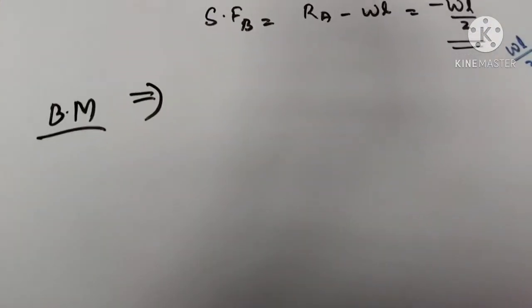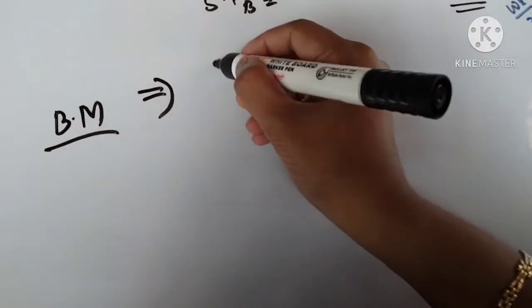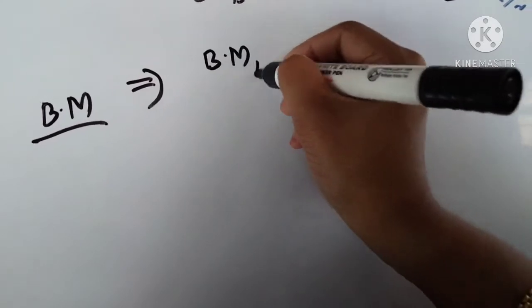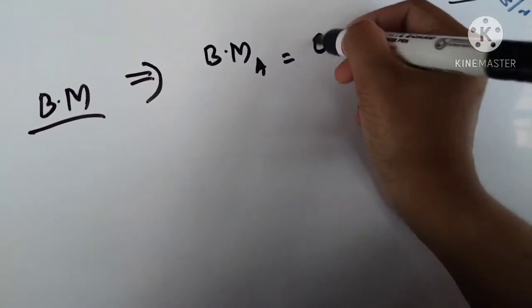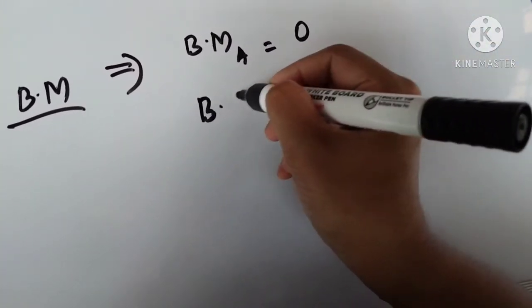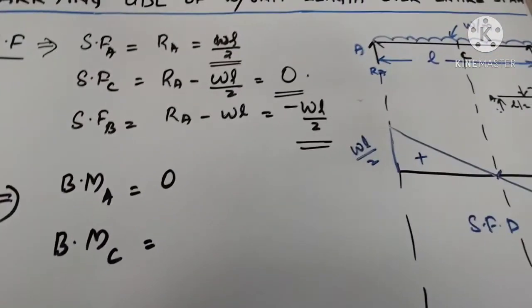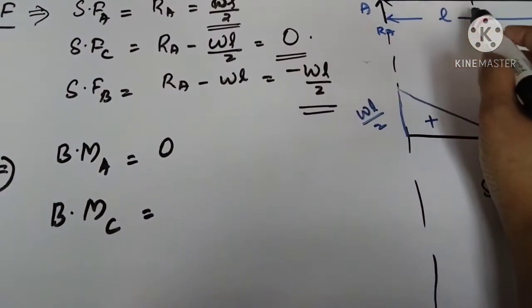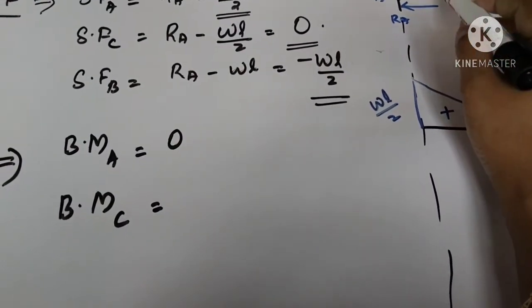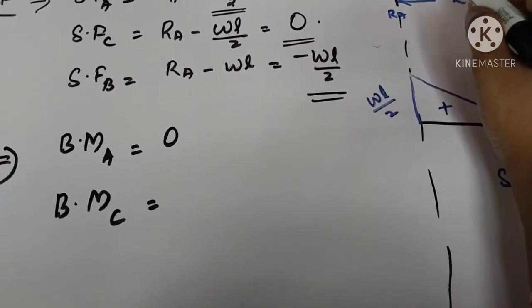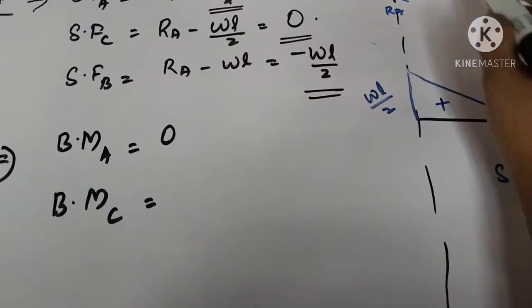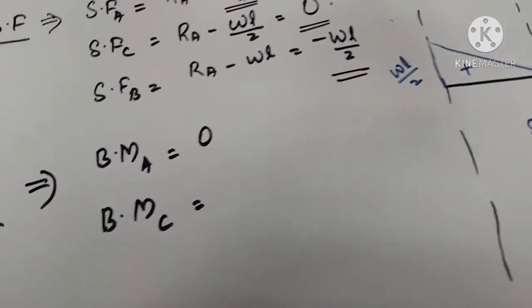Now we are going to find out the bending moments. Bending moment at A will be 0 since it is a simply supported end. Bending moment at C will be RA into L by 2 minus W into L by 2 into L by 4.